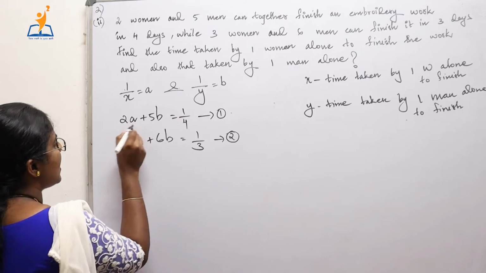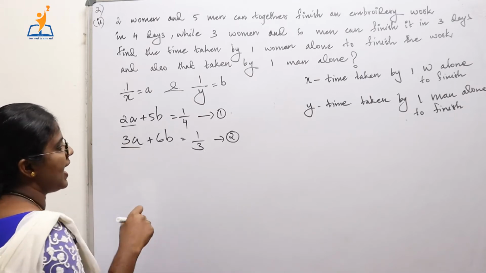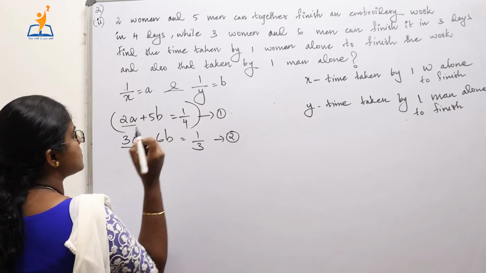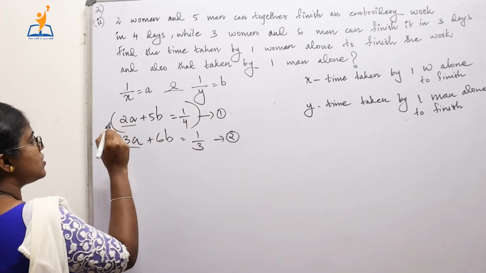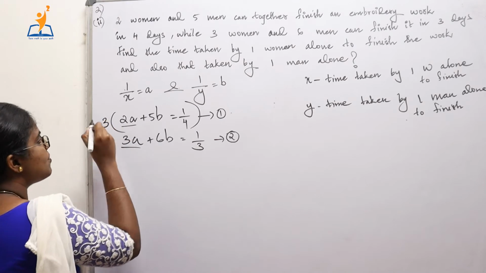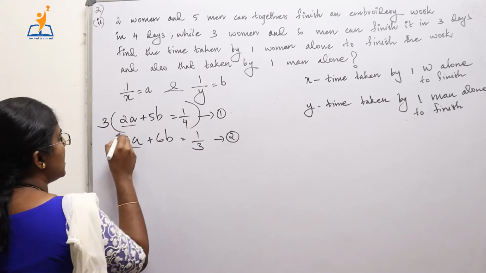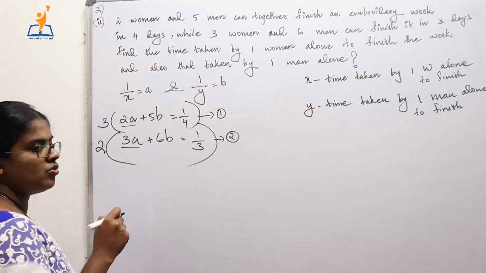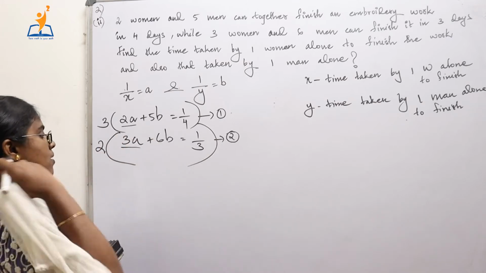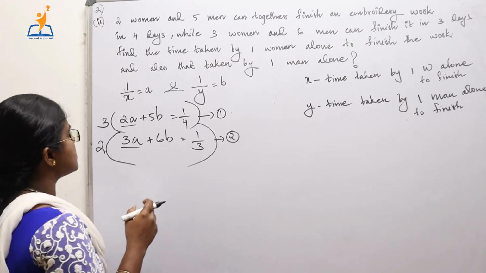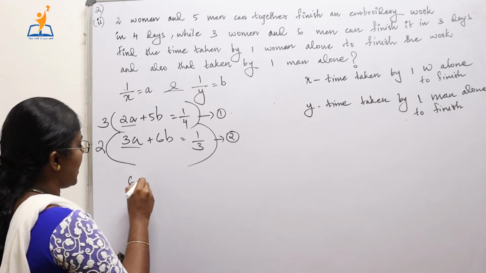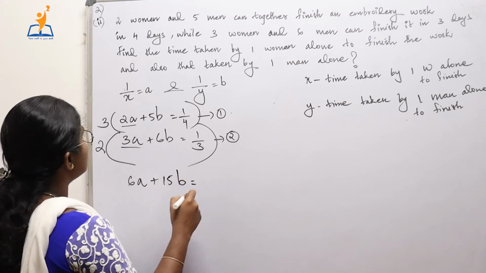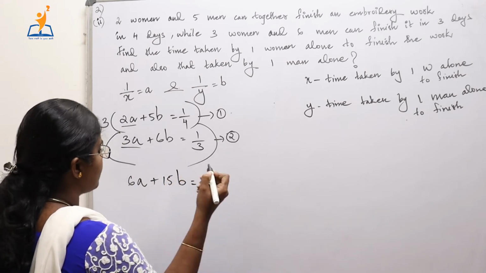For that I am going to make the coefficient of A the same in both equations. I am going to change both of them to 6. In order to make the coefficient of A 6 here, I have to multiply throughout this equation by 3, and for making 3 into 6 I have to multiply with 2 throughout this equation. So these equations will become 6A plus 5 into 3 is 15B, which is equal to 3 by 4.